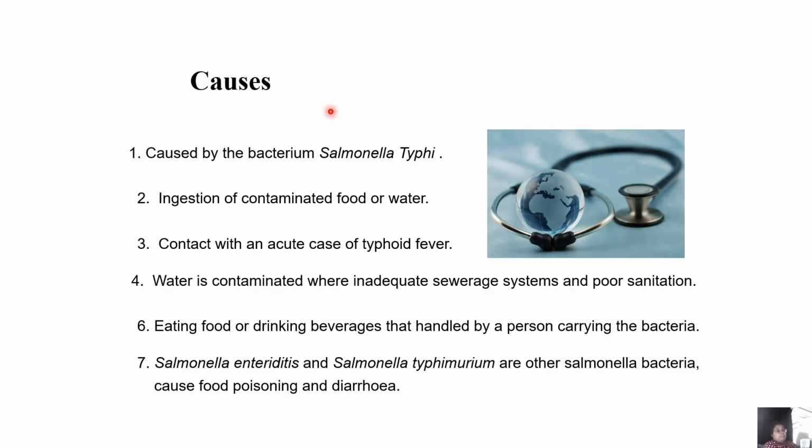As I said, it's caused by the bacterium Salmonella typhi: ingestion of contaminated food or water, contact with an acute case of typhoid fever, water contaminated where there are inadequate sewerage systems and poor sanitation, and eating food or drinking beverages handled by a person carrying the bacteria. Salmonella enteritidis and Salmonella typhimurium are other Salmonella bacteria causing food poisoning and diarrhea.